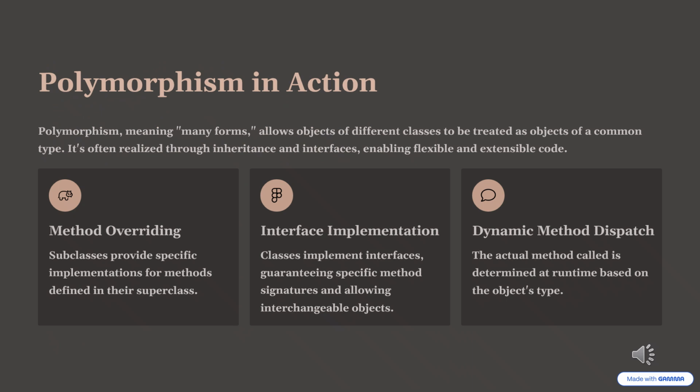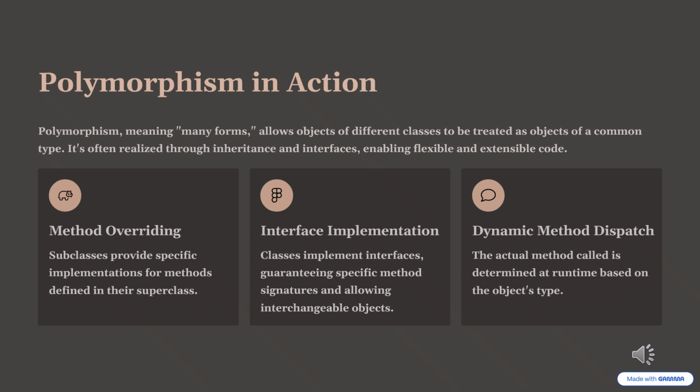Polymorphism in action. Polymorphism means many forms, and it allows us to treat different objects as if they were the same type. This makes our code more flexible and adaptable. In Java, polymorphism happens in three ways. First, method overriding, where a subclass changes the behavior of a method defined in its parent class.